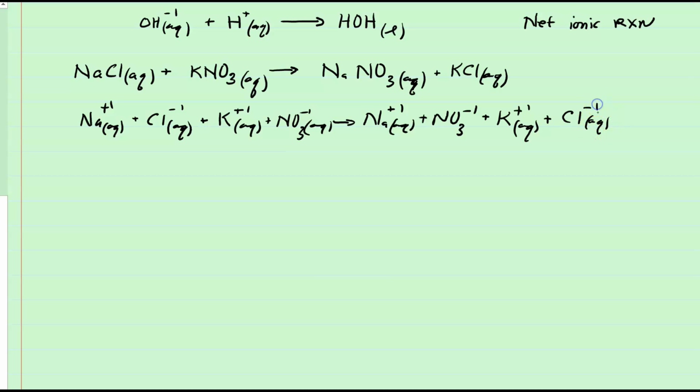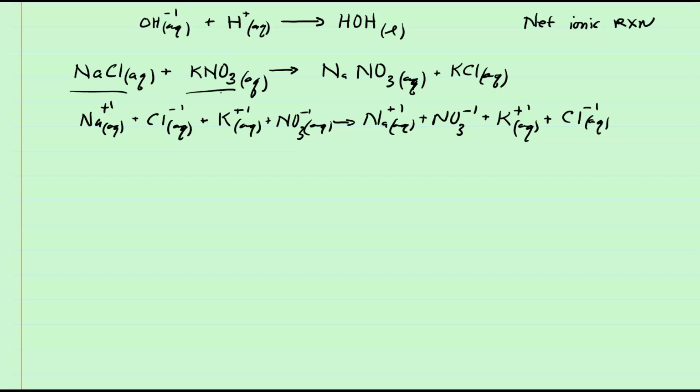And in this case, you notice that all the ions are completely soluble. So if we were to mix these two materials together in an aqueous solution, we would have no net reaction. And that is because everything is actually soluble.